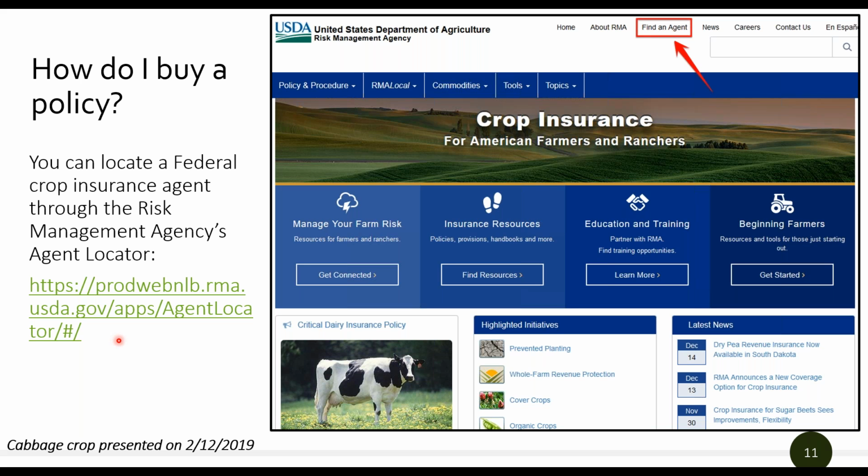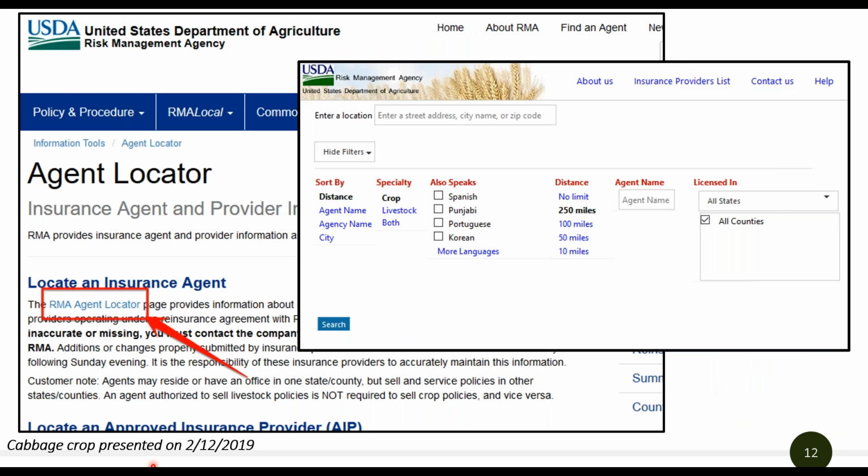Once you do that, you'll get to this screen and you'll click on Find an Agent towards the very top of your screen. Once you do that, the screen pops up where you can click on the RMA Agent Locator here. And if you take a look at the inside screen, that will allow you to search by distance, crop, language, or an agent name.